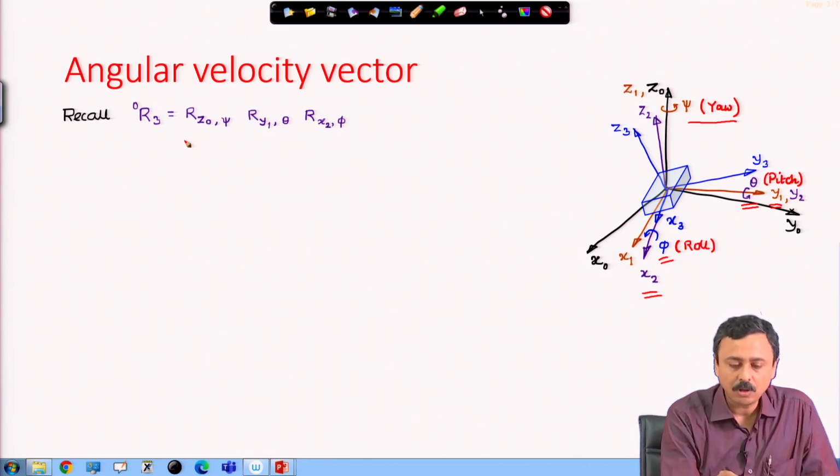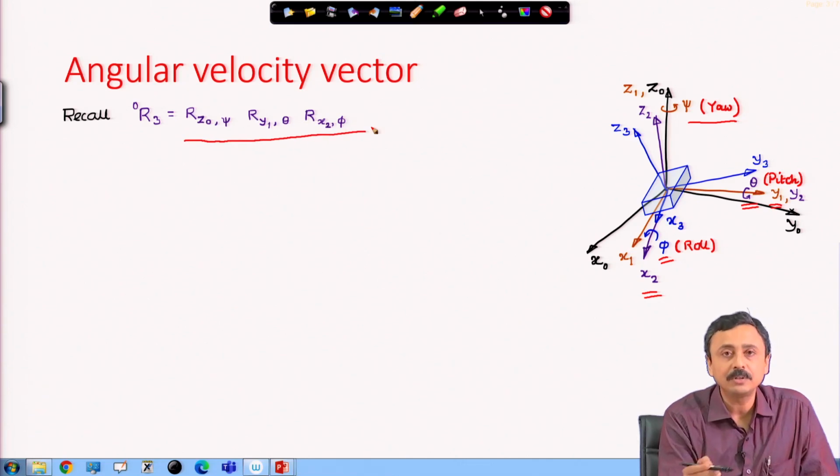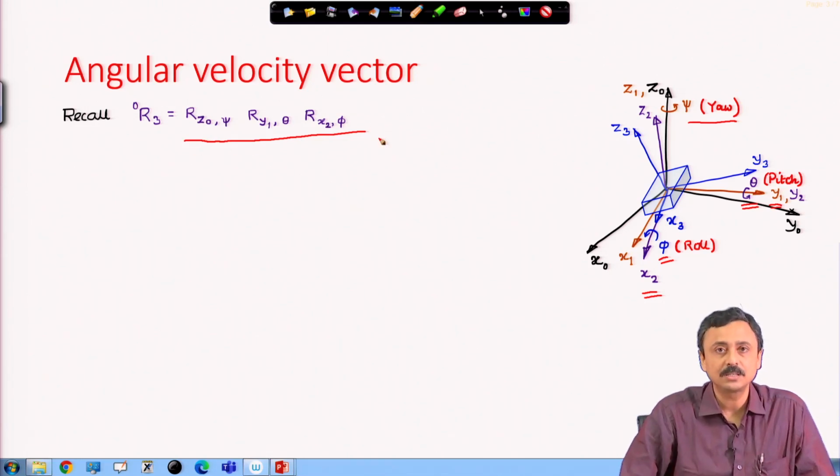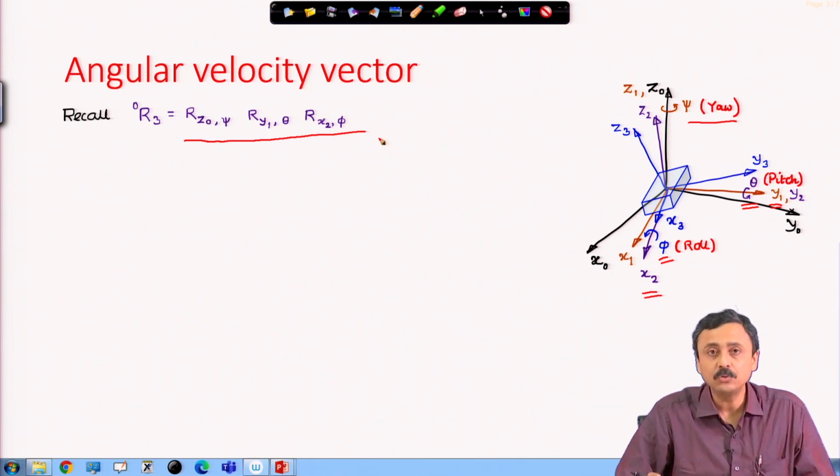Since all rotational transformations take place with respect to the new axis obtained every time, this sequence is post multiplied to obtain the net rotation matrix from frame 3 to frame 1.